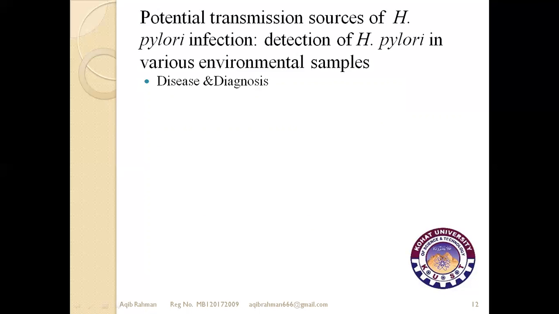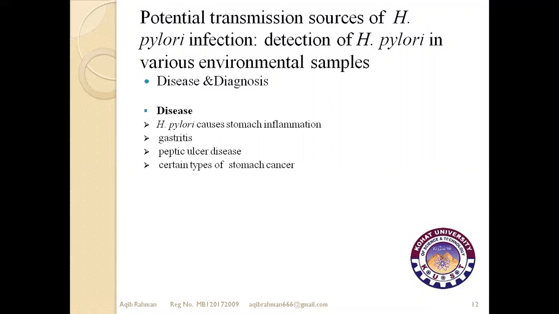Now we talk about the disease and their diagnosis. First we discuss disease, which type of disease they cause. H. pylori causes stomach inflammation, gastritis, peptic ulcer disease, certain types of stomach cancer.